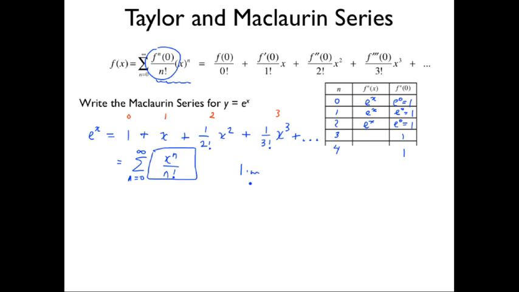We're going to do the limit as, say, i goes to 0 of x to the i plus 1 over (i plus 1) factorial, times i factorial over x to the i.